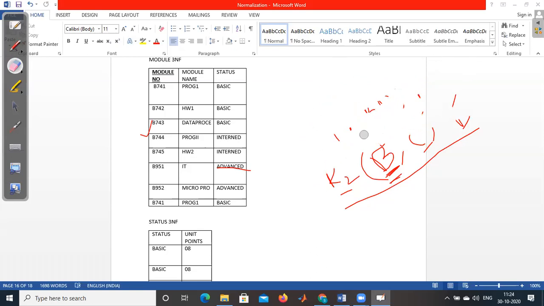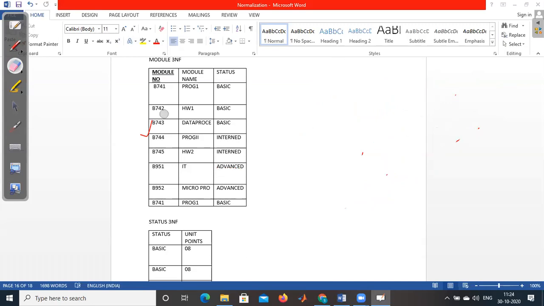So according to third normal form, students, first one is BCNF, Boyce-Codd normal form.